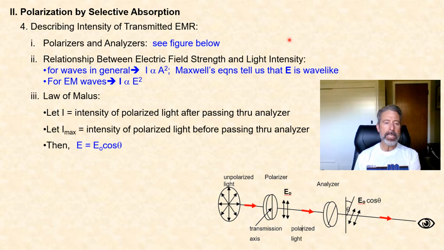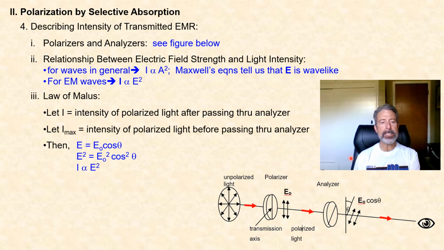Then we can say here, as we said in the previous slide, that when we look at the electric field, only the component of the electric field that is parallel to the transmission axis of the analyzer is going to be transmitted through the analyzer. So we have this relationship here, and we're just going to square both sides. Why?